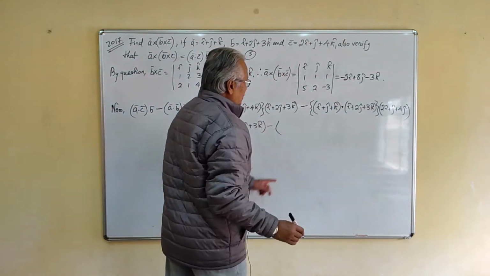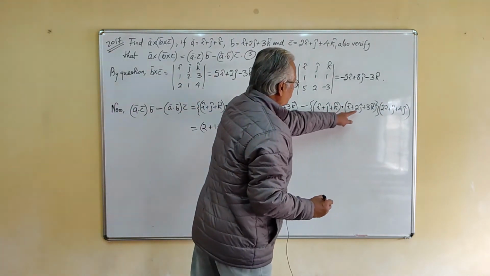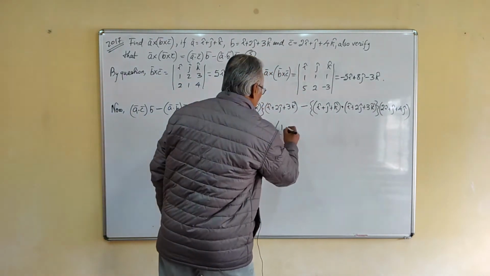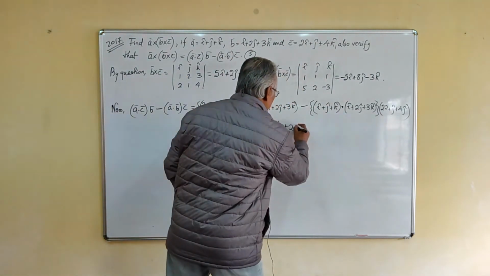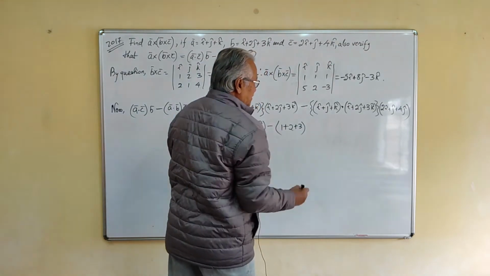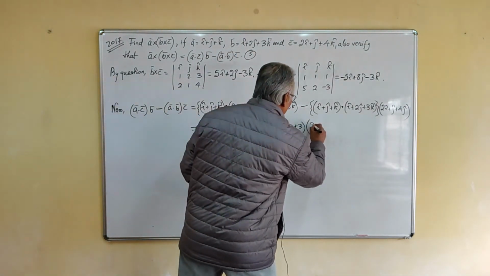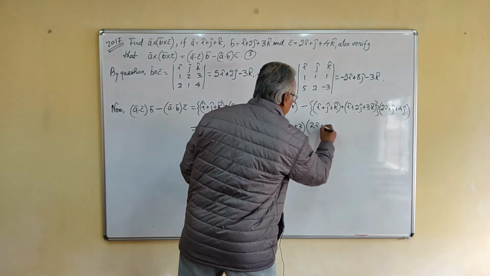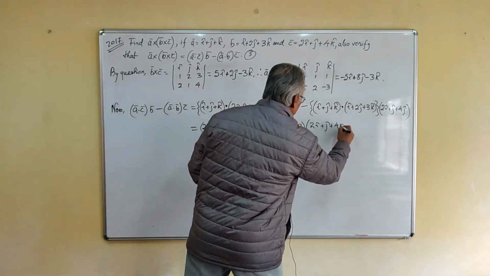If you have a dot product, i dot i will be 1, j dot 2j will be plus 2, and k dot 3k will be plus 3. That's right. Now you are going to have a common multiplication with 2i plus j plus 4k.